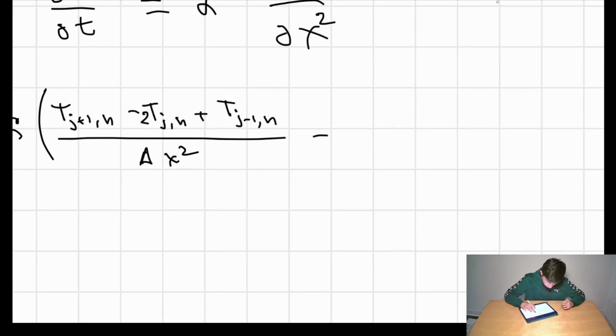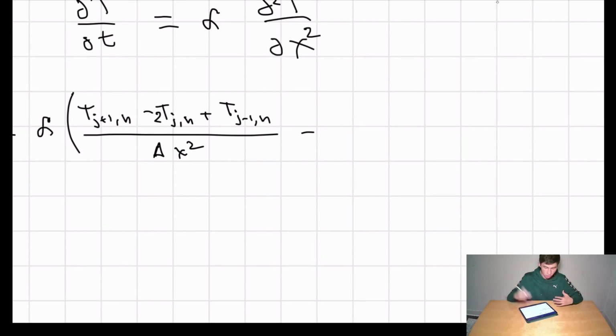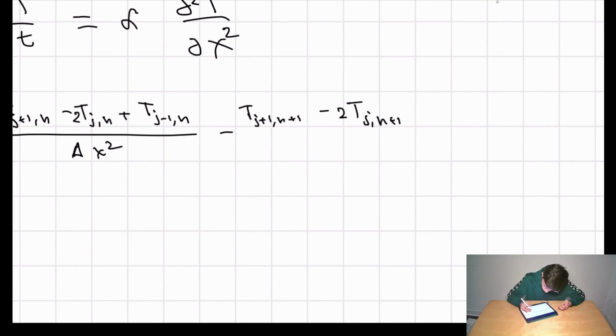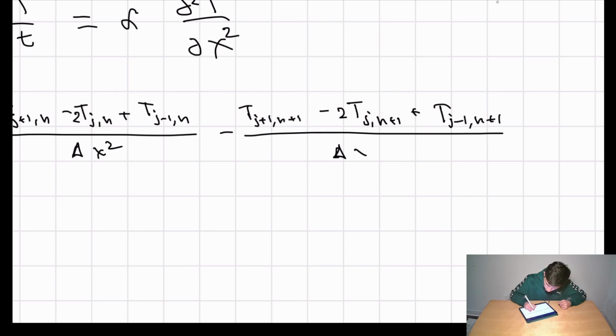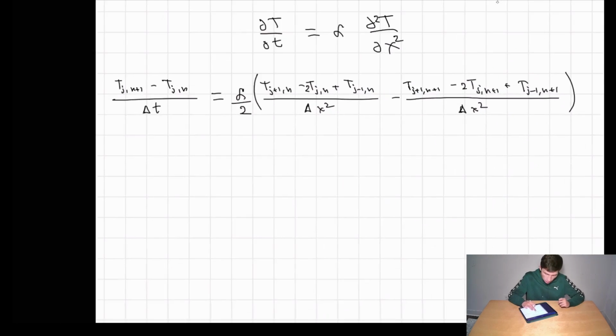Then we do the same thing for time n plus 1: T at j plus 1 at time n plus 1, minus 2 T at j at time n plus 1, plus T at j minus 1 at time n plus 1, over delta x squared. To take the average, we divide everything by 2.